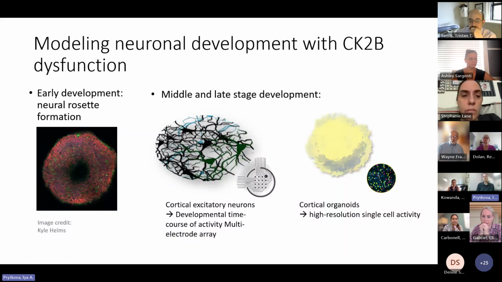And we can use the system to measure a time course of how active the neurons become as they mature. And we use something called a multi-electrode array to keep track of that. And finally, for an outlook on a more mature brain, we can perform a high-resolution single-cell activity assay using 2-photon imaging, where we can look at how mature cells function together in a network.